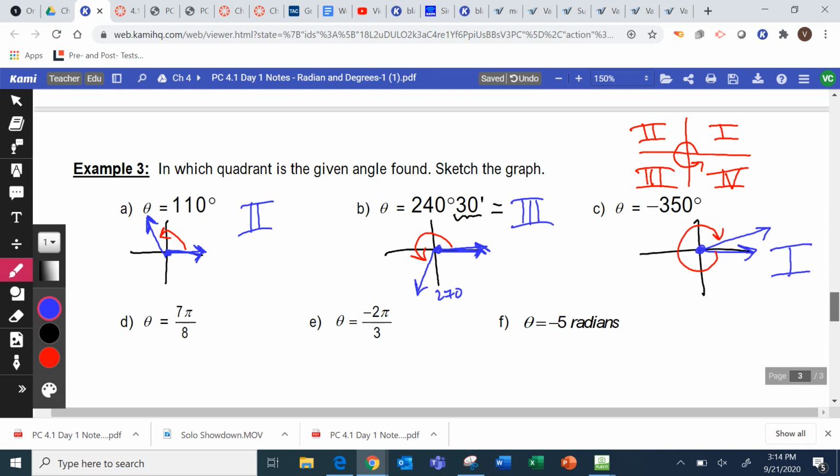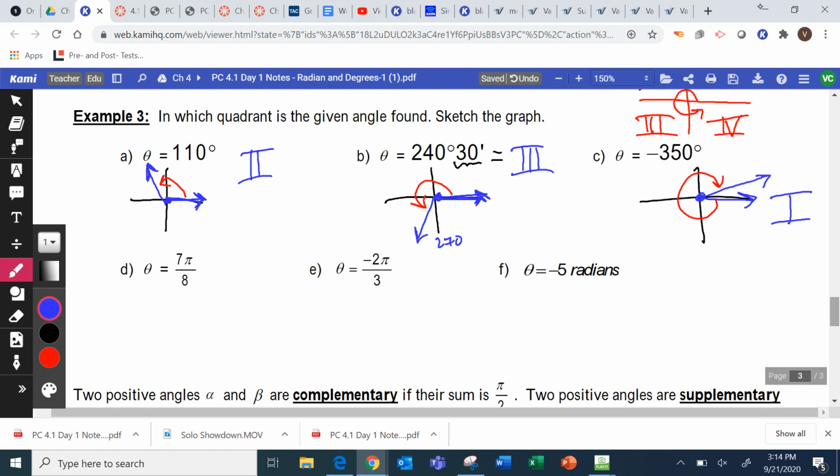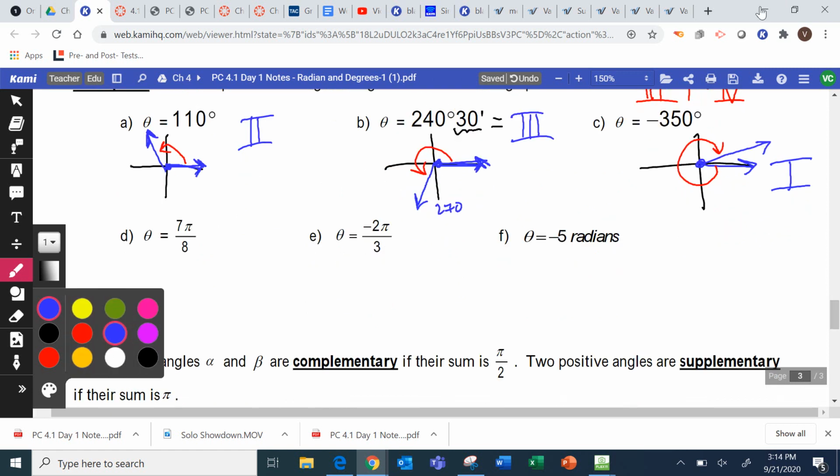All right, so the stuff we did on the front with radians where I was dividing up the pi is helpful when we get to a question like D, 7 pi over 8. So we have to sketch that. So I'm going to think about pi and I'm going to divide it into 8 equal sections.